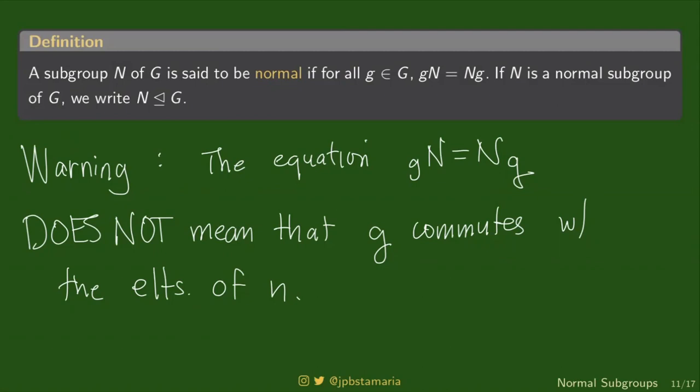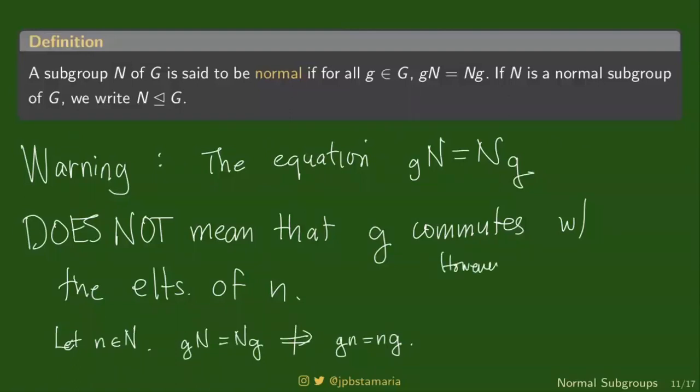Maintindihan nyo? Halimbawa, kumuha ko ng N. Yung gN equals Ng does not imply na ang gn ay parehas sa Ng. Eh anong sinasabi ng gN equals Ng?